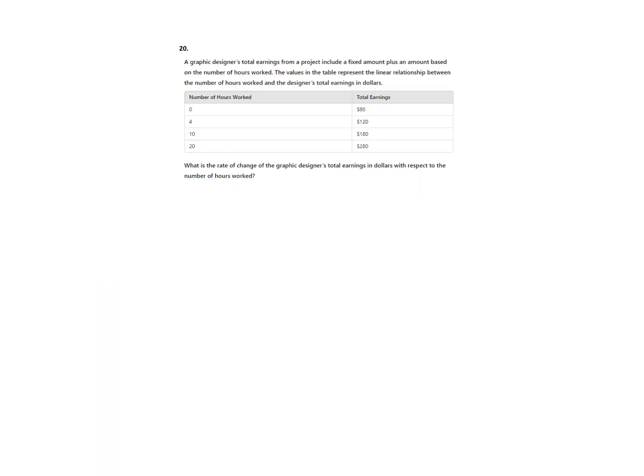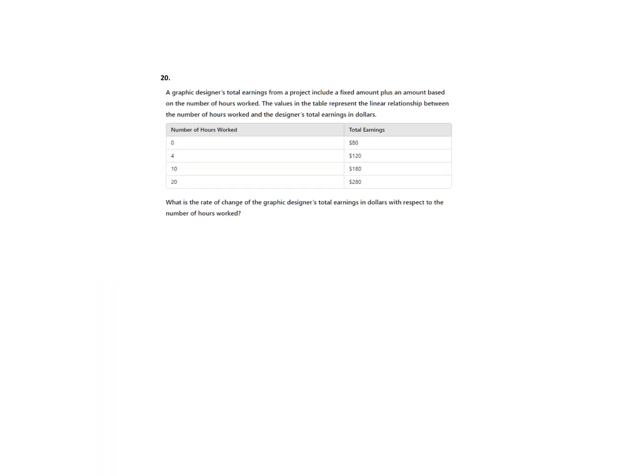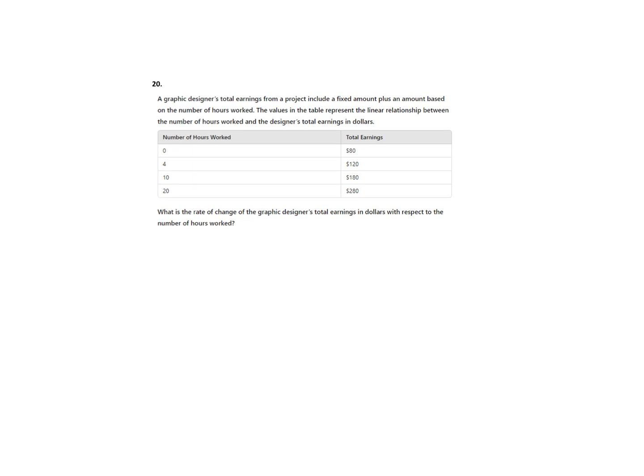Last problem, you can pick any of the ways you want to do slope. Let's list them out one more time. You can call this x1, y1, x2, y2, and then use the slope formula. M equals y2 minus y1 over x2 minus x1.